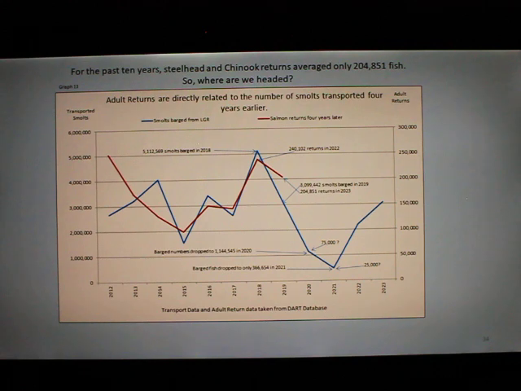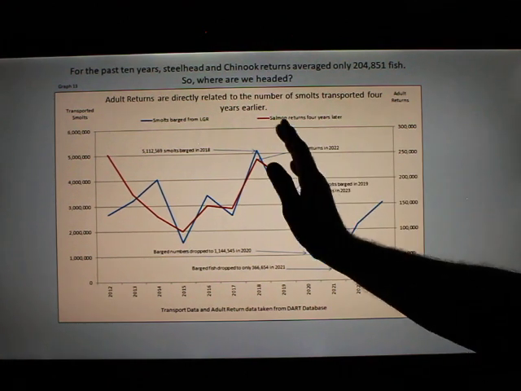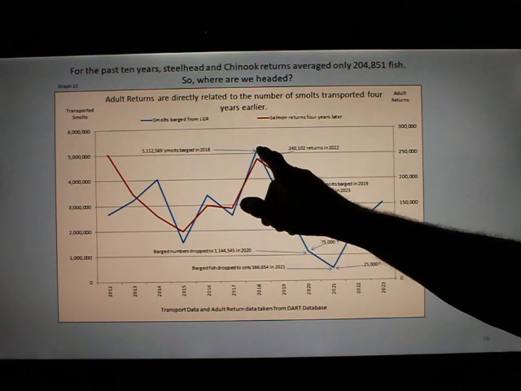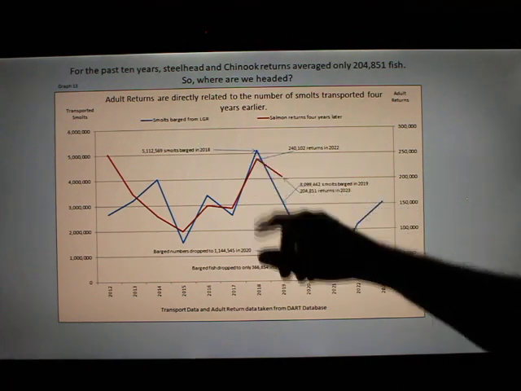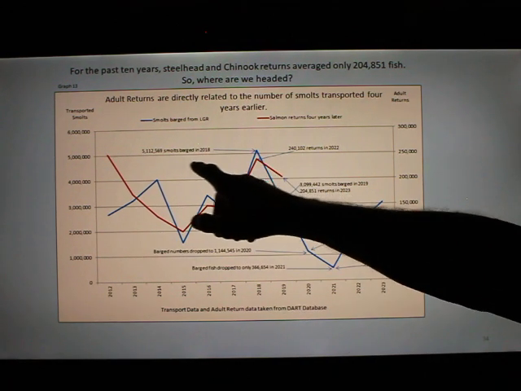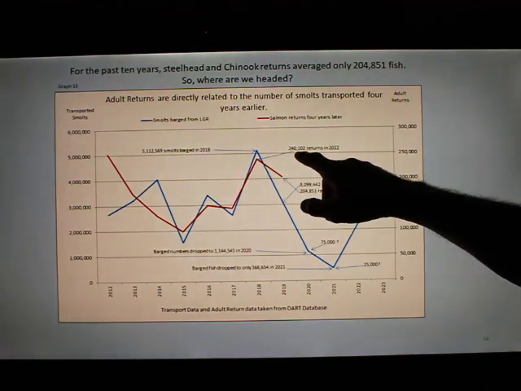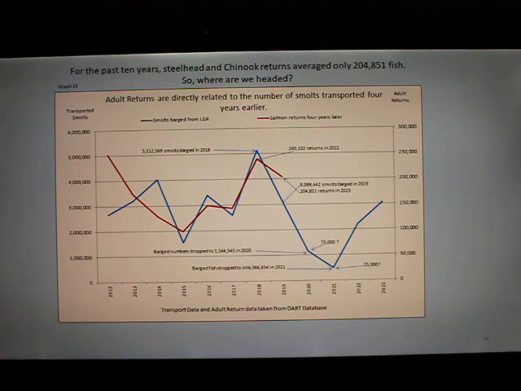This is the graph that we showed earlier as the red line moved back 4 years. So what we're doing is showing the year that they were transported and the year that they returned. So with 5 million smolts barged in 18 resulted in 240,000 returns in 22.